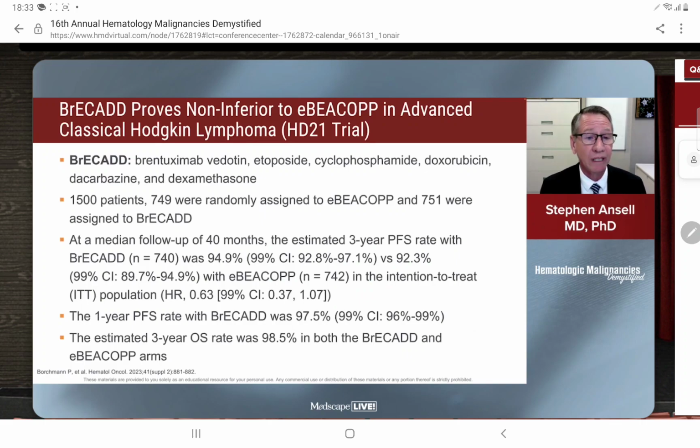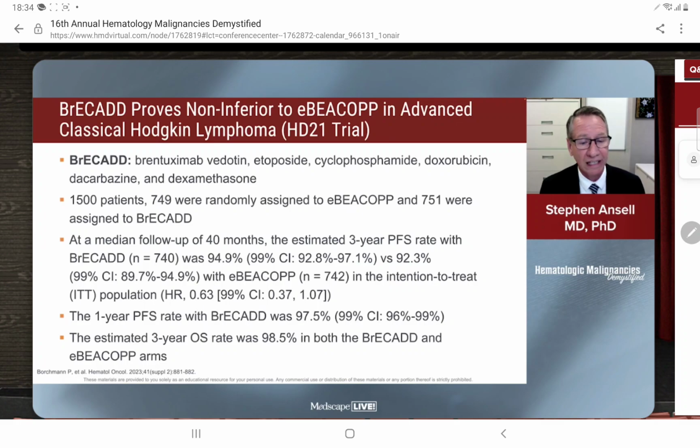This has then also been tested in the German setting. So BEACOPP was made into a treatment known as BrECADD, and that BrECADD was then compared in a randomized study to escalated BEACOPP. And data that was presented last year in a very large trial showed that really the outcomes with BrECADD were as good, if not better, than patients who received escalated BEACOPP.